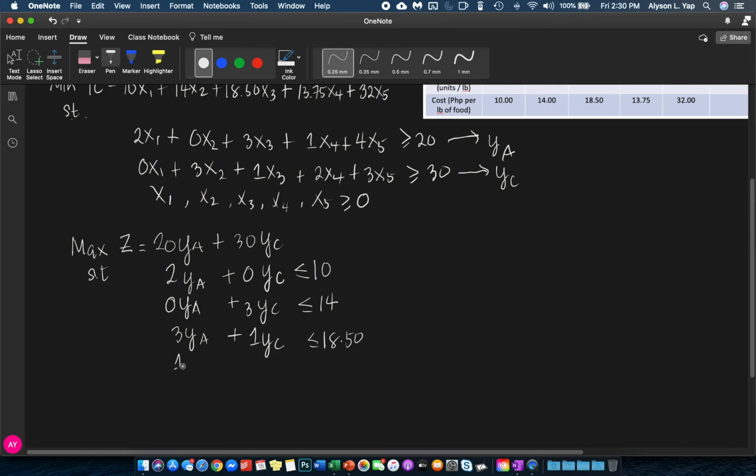Next, 1YA plus 2YC less than or equal to 13.75. And finally, you have 4YA plus 3YC less than or equal to 32. And of course, you have your non-negativity constraints.